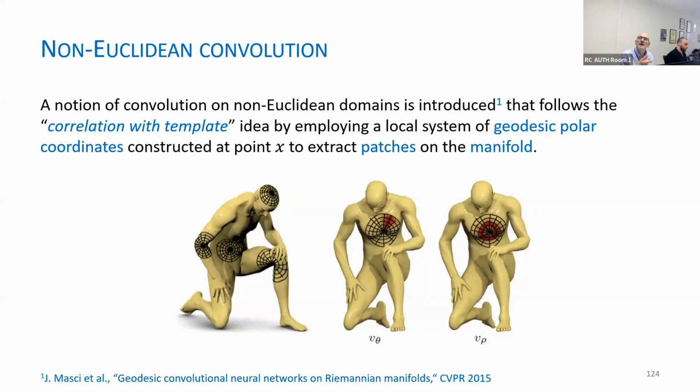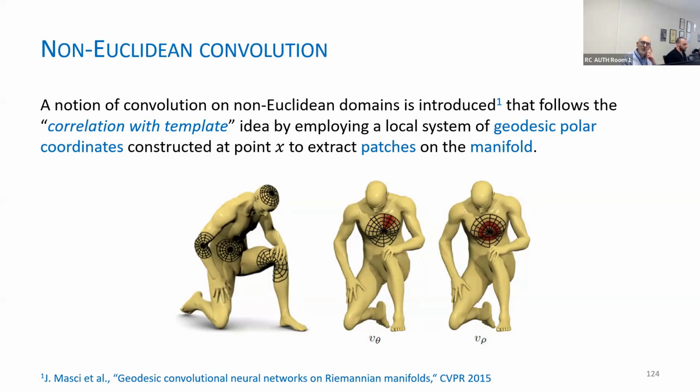We can start in the same way from any of these. And of course, this is important because for an image we have the grid structure, and so we can decide to start, for example, from the upper left pixel. But here we do not have the same notion.